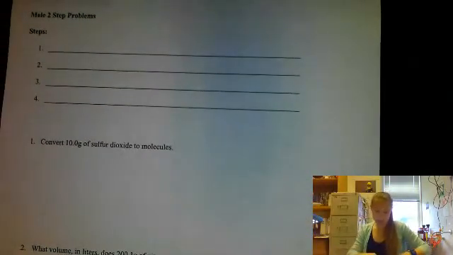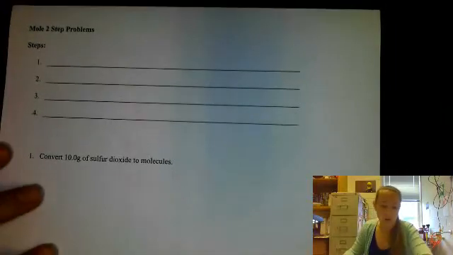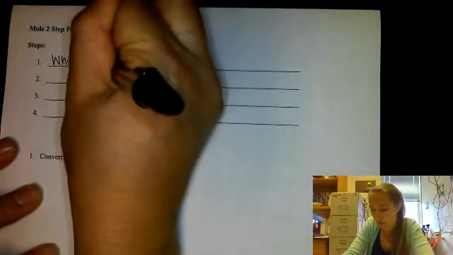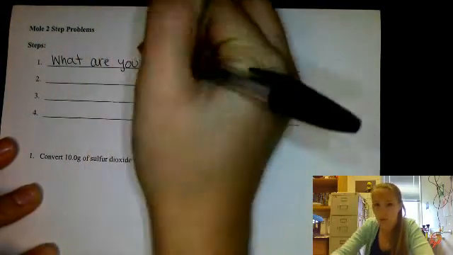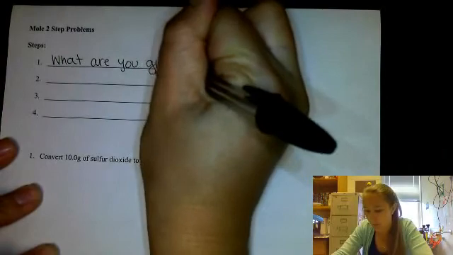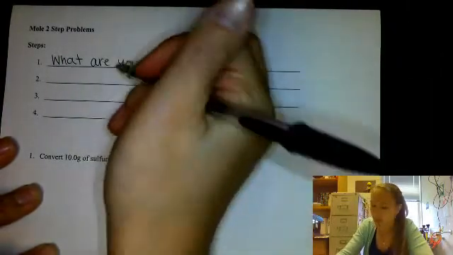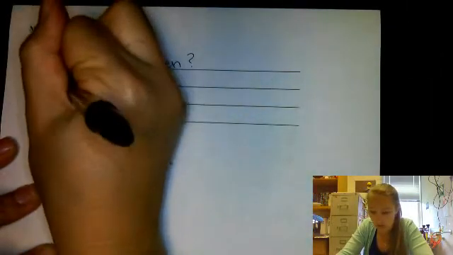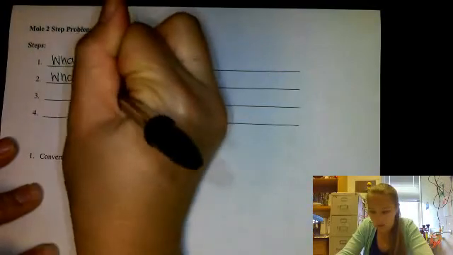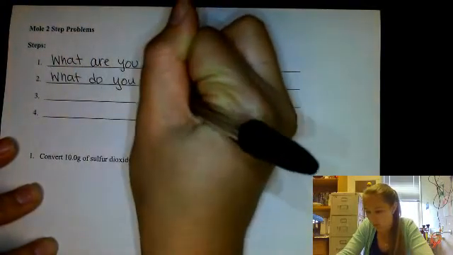So when I do these, I always follow the same steps, so that way I don't make mistakes. So I first want to ask myself, what am I given? And that's always a number. And then what are you trying to find?